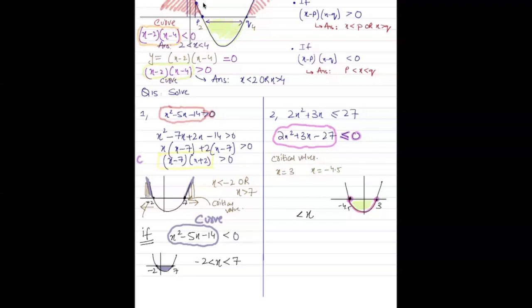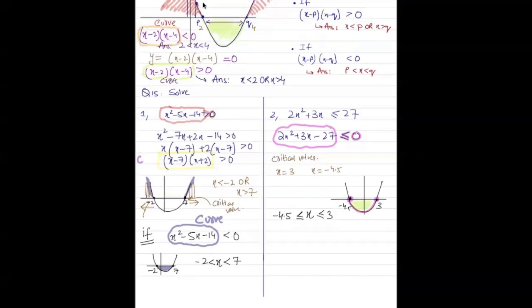X is greater than or equal to -4.5 and less than or equal to 3. If I take x values between -4.5 and 3, I'm going to get a negative value, because less than 0 means negative value.